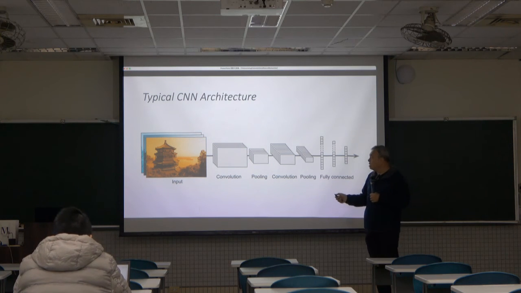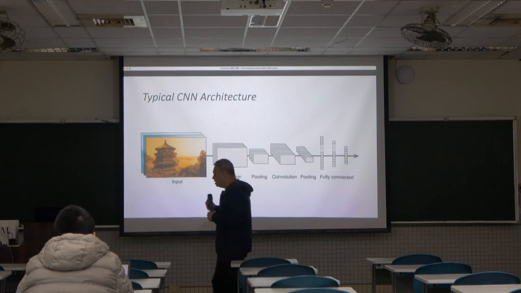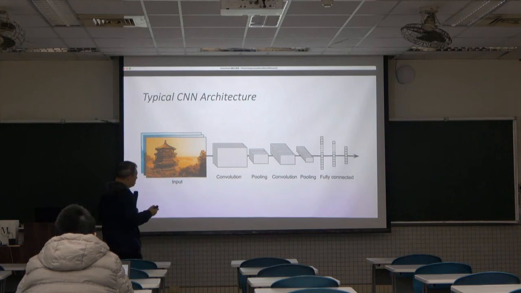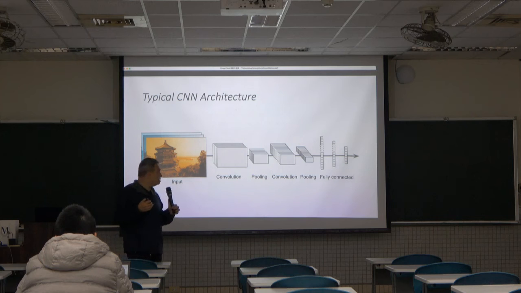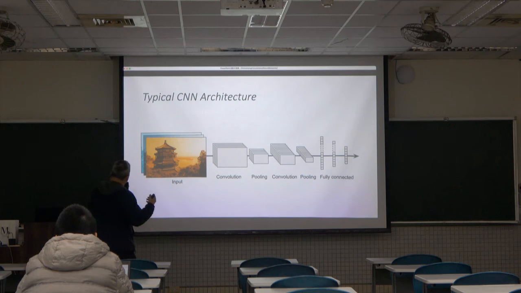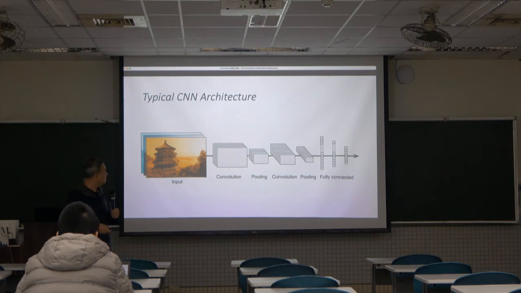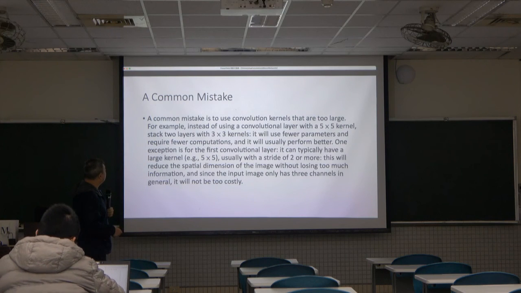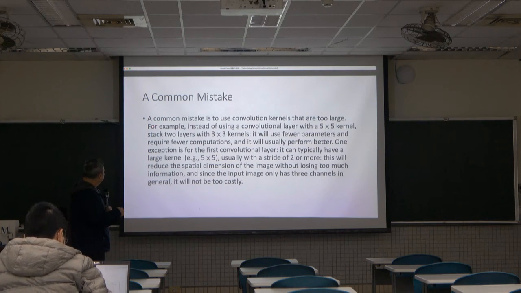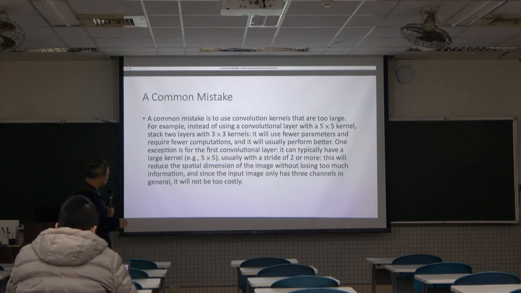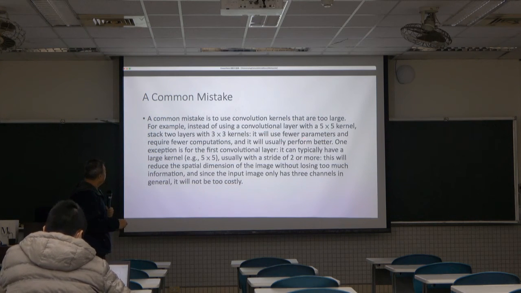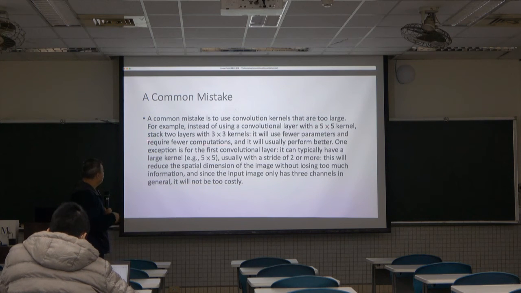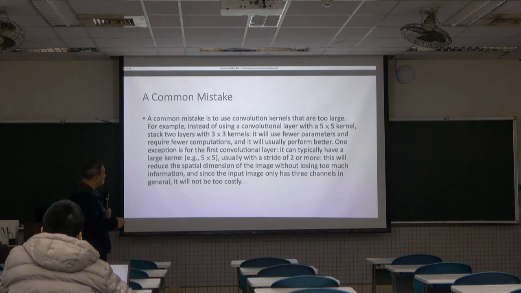The reason I say it's typical is that as research on CNN progresses, more and more different architectures are being developed, as I will tell you later. One common mistake is to use a large kernel size. For example, instead of a 5 by 5 kernel, stacking 2 layers with 3 by 3 kernels is much better.